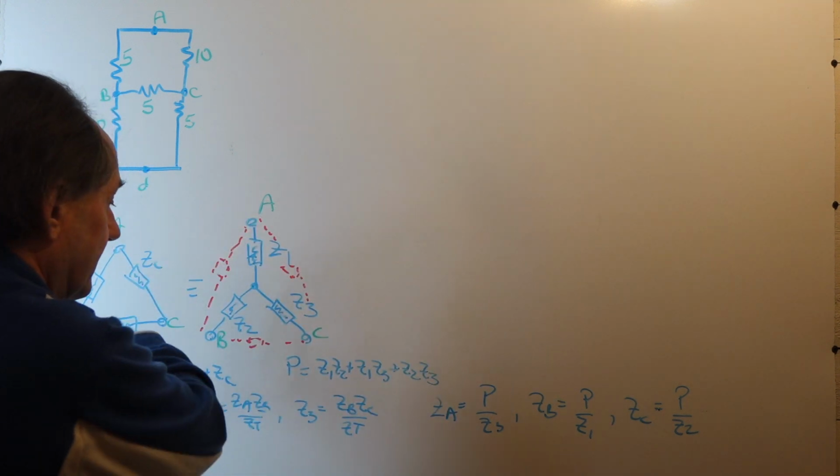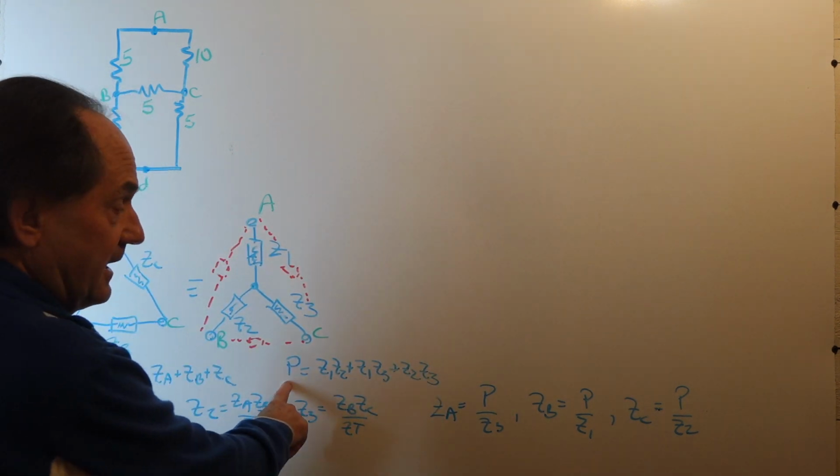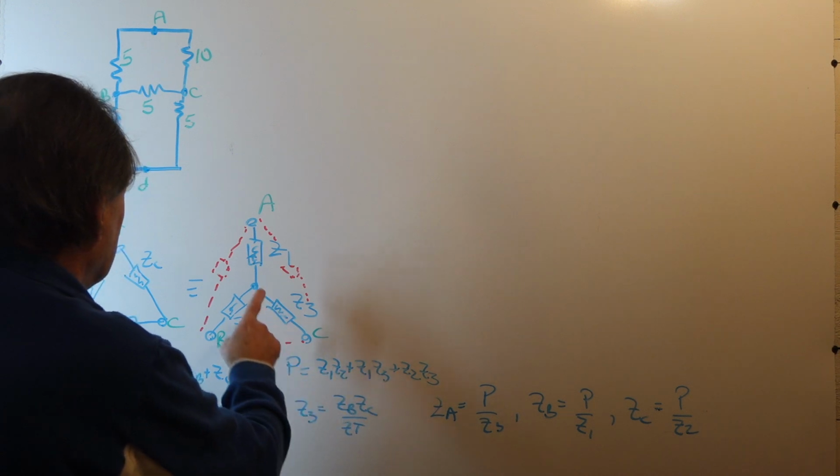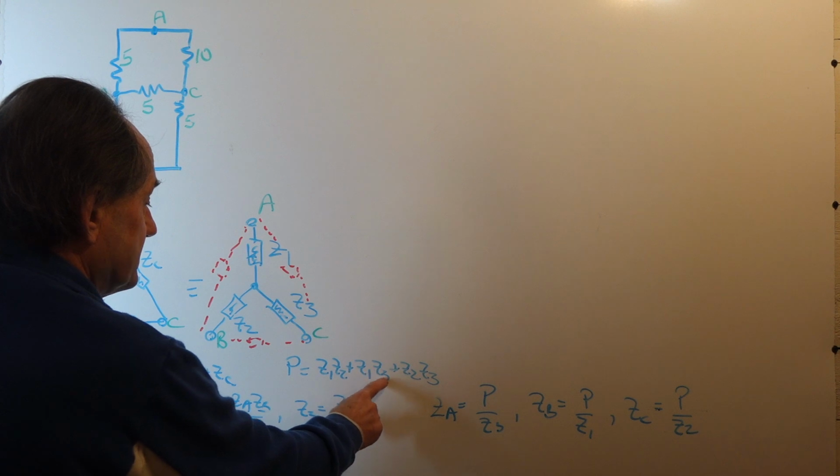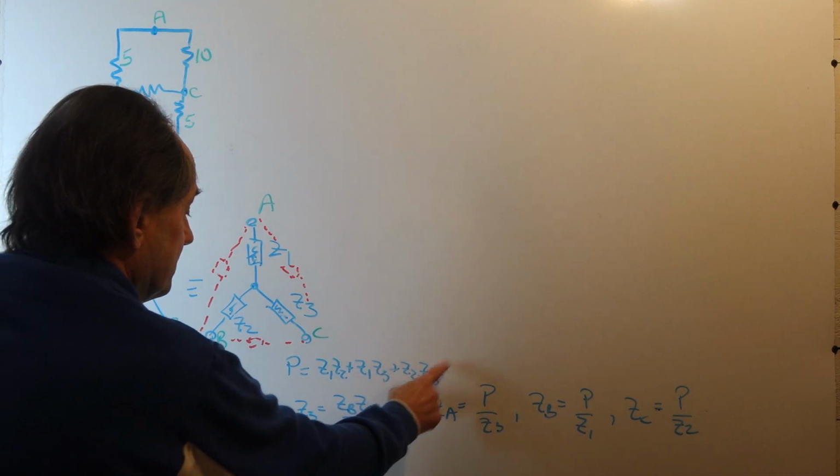And if I want to go the other way, I define P as being the product of the elements taken 2 at a time: Z1 Z2, Z1 Z3, and Z2 Z3.